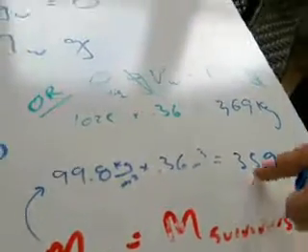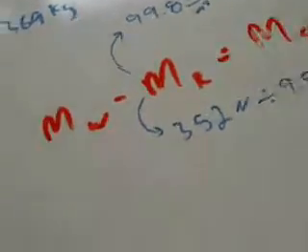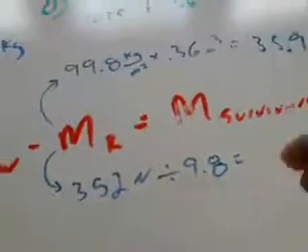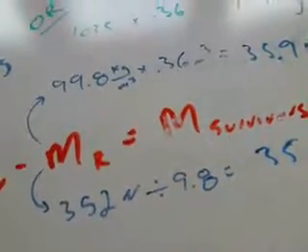If I take 369 as the total, minus that, then I will get, or this 352 divided by 9 is 35.2. It says 35.9, sorry, kgs.